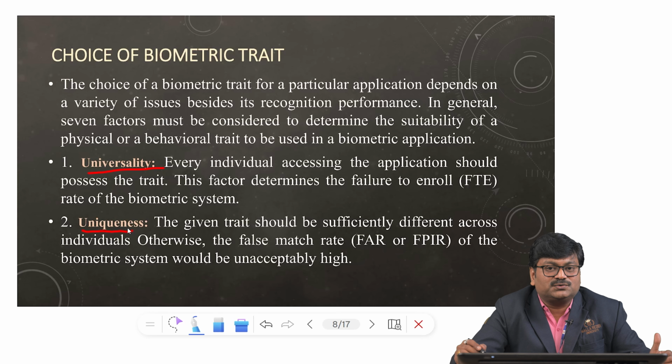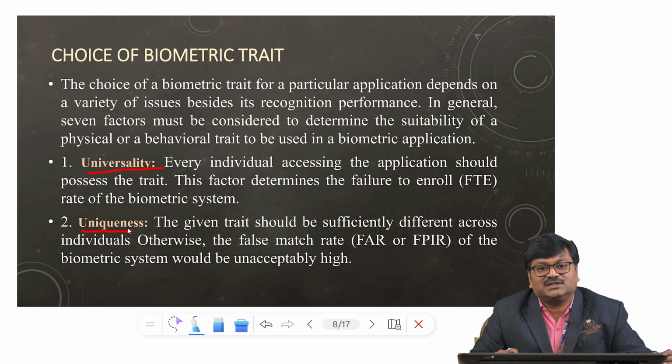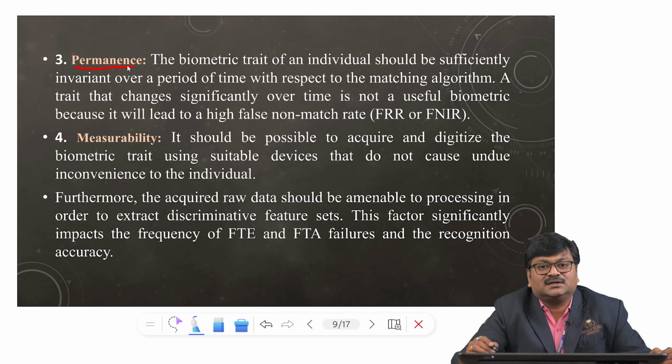We need to choose the characteristics in such a way that they are distinct from each other, so that we can avoid the false acceptance rate and failure to enroll rate. And the third most important consideration in choosing the trait is permanence. Whenever a trait is taken, we need to see that the trait always remains the same over a long period.